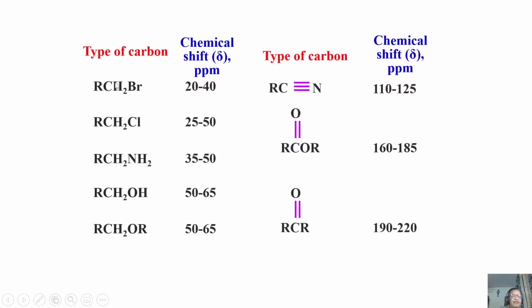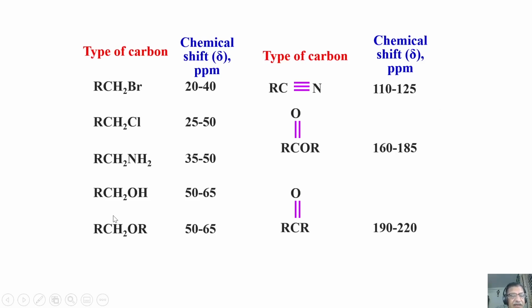I take a carbon like this, RCH2Br. Bromine, chlorine, this is what we saw for a CH3 group. Similarly, if you have an R attachment like this, how is this carbon's chemical shift affected? The same trend follows. If I have RCH2Br and the R group is this one, then the chemical shift of this carbon is around 110 to 125 ppm.